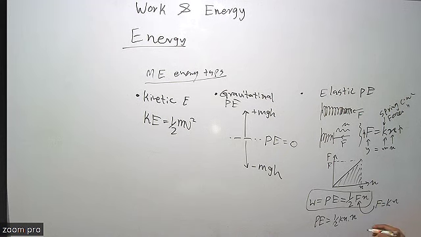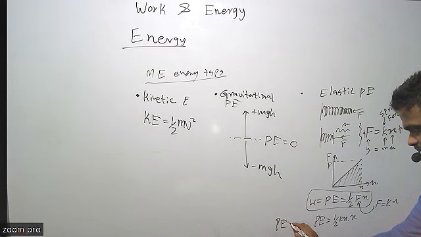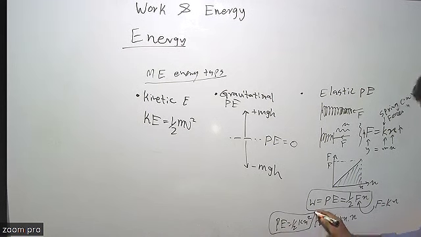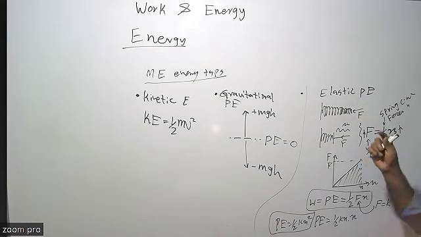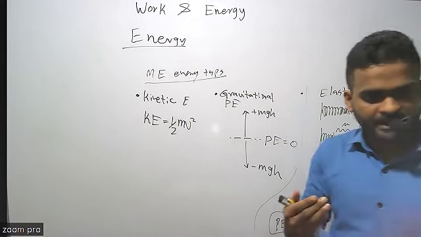So you get half kx squared as the potential energy. This is another equation to find the potential energy. You need to remember both equations. Take everything down and give a thumbs up if you have. Okay, so those are the main energy types.